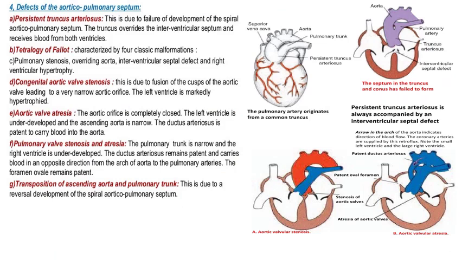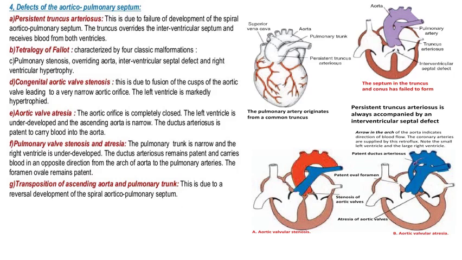And then coming to the defects of the aortopulmonary septum, which divides the conus cordis and the truncus arteriosus into the pulmonary trunk and the aorta. So persistent truncus arteriosus means that due to failure of development of the spiral aortopulmonary septum, the truncus arteriosus overrides the interventricular septum and receives blood from both the ventricles.